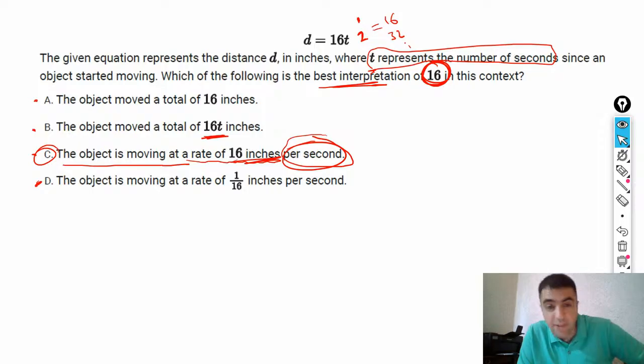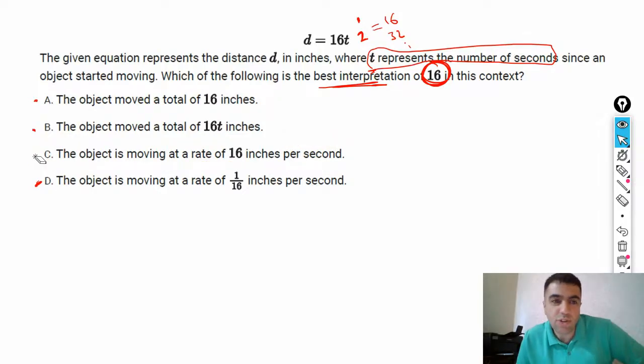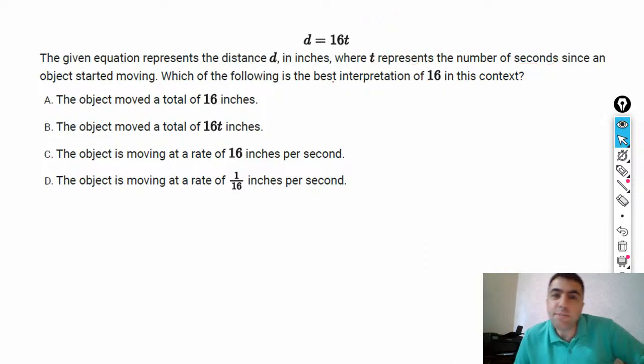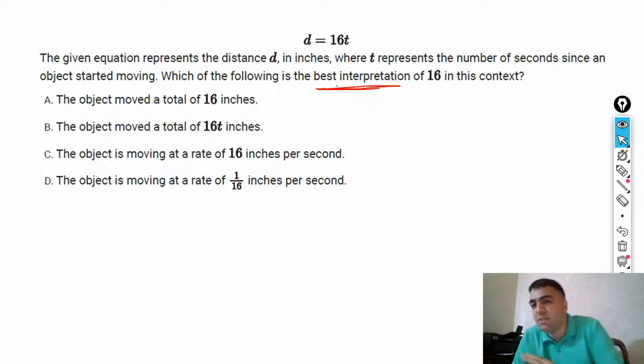Mrs. Seljan, I repeat this question again. In the best interpretation questions, you are going to see these questions in the SAT exam. Best interpretation.